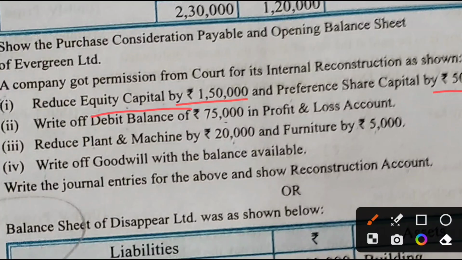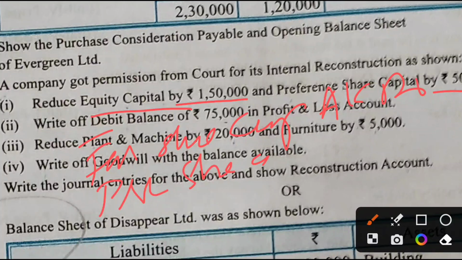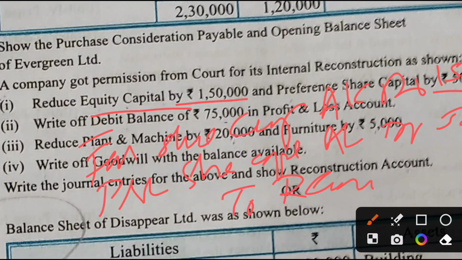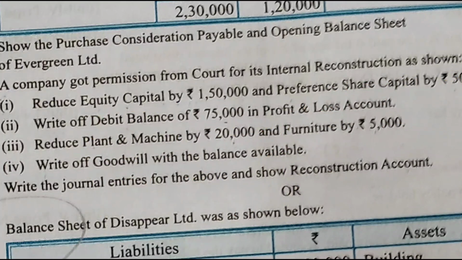So equity share capital account debit, preference share capital account debit: equity share capital 1,50,000 and preference share capital 50,000 to reconstruction account. Together 2 lakh rupees you will take to the reconstruction account. That would be the first general entry.